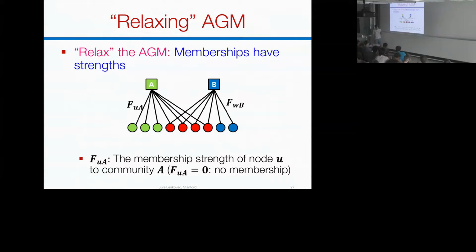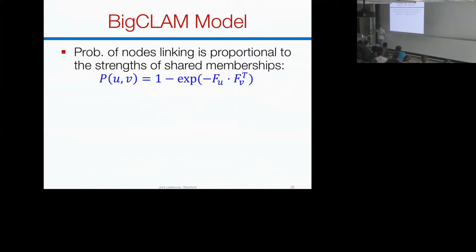Now that I have this, I need to define the probability of a connection. Here is how I'll model it. The probability of a connection between you and me is 1 minus e raised to the power of minus the dot product of the membership vector of U and the membership vector of V. What this is saying is: I have my membership vector, you have yours.